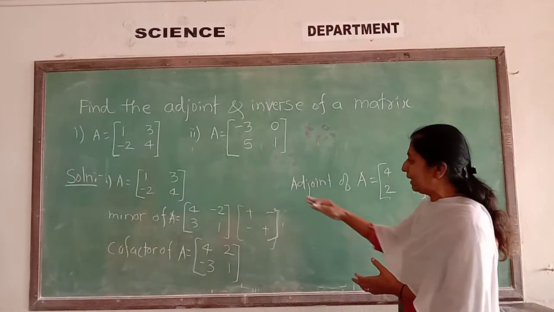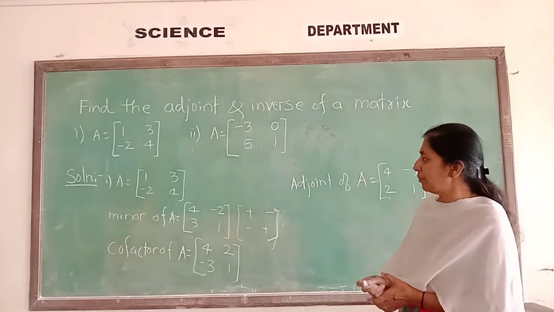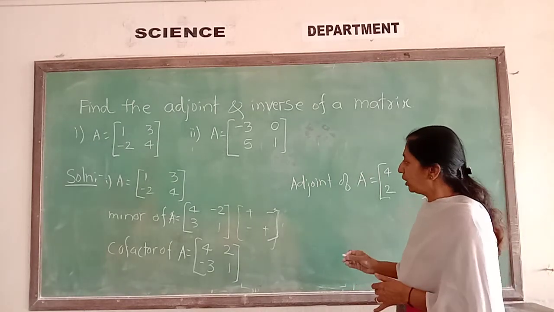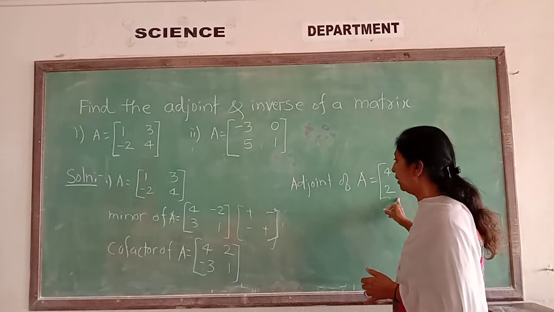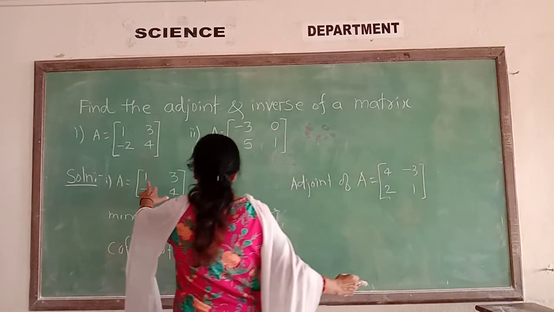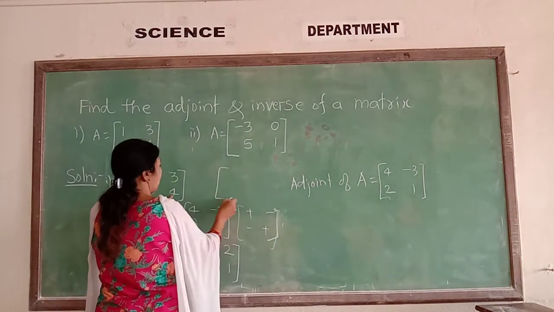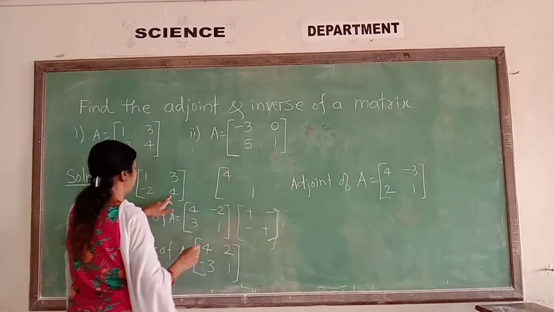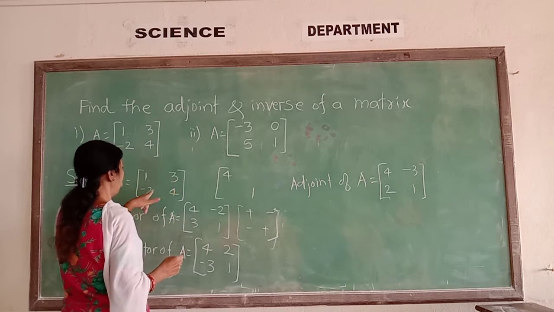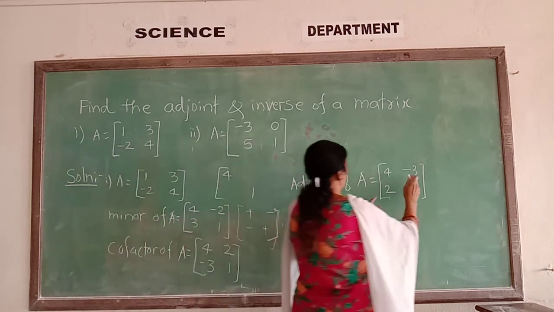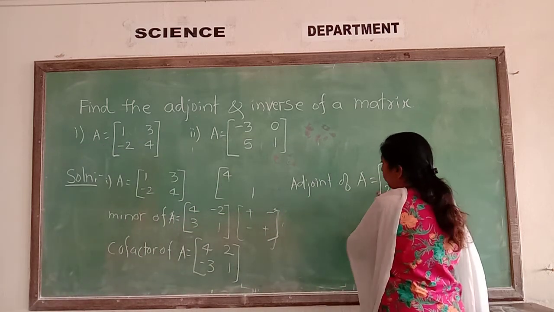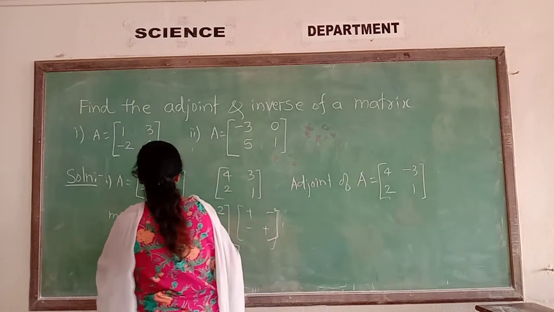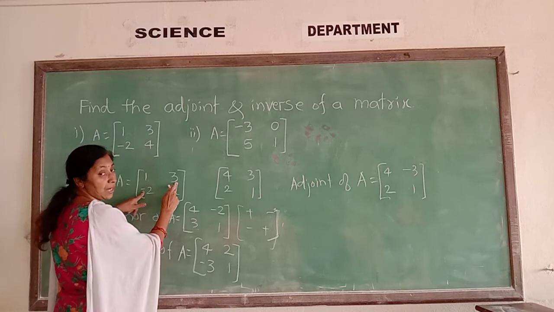It is a detailed method, but sometimes you need to do it in a very short method. While doing the shortcut method, see this, compare this and this, 1 and 4. 4 goes here and 1 comes here. And this 3 and minus 2: write 3 and 2 there. The only thing is you have to change the sign of these.